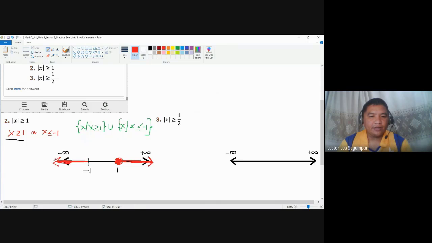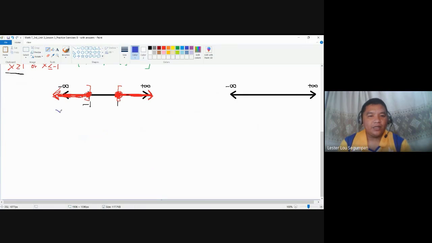And we use here an arrowhead. Okay? And since we have the equality symbol, that would mean negative 1, as we have tried earlier, is part of our solution. To complete this, we just simply need to add the brackets. As you can see, our graph is pointing towards opposite directions.